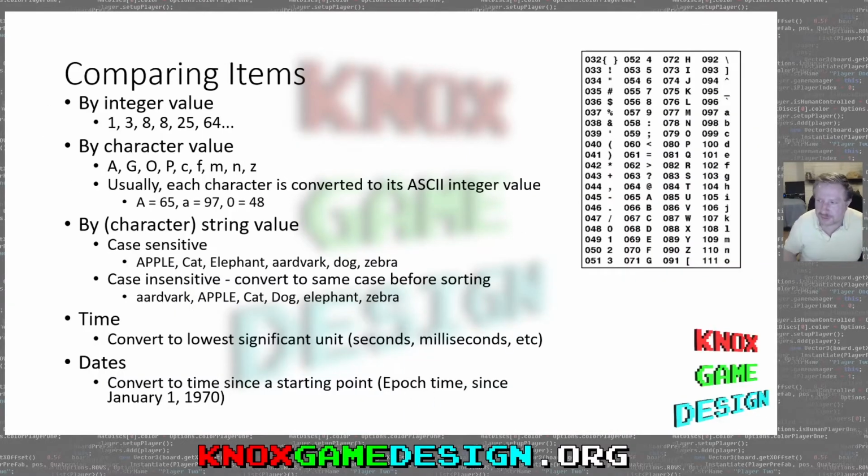I'm going to talk a little bit about how to actually compare items. If we're comparing items by integer value, an integer is just a different name for a whole number. Integers do have limits on the different architectures, but generally you can just think about integers as whole numbers: 0, 1, 2, 3, 4, -1, -2.